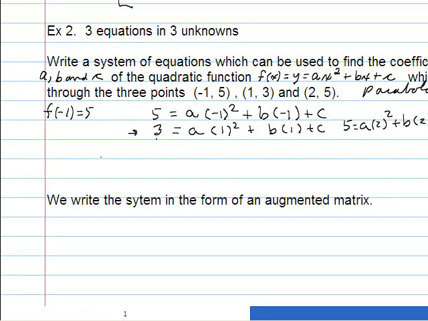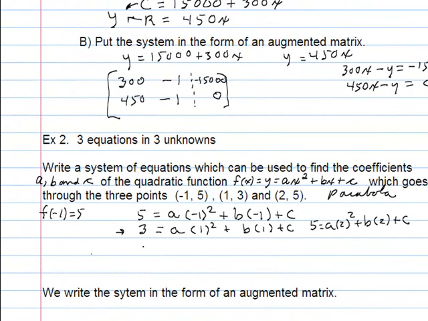Okay, we're back. Here are my other 2 equations. 3 equals a times 1 squared plus b times 1 plus c, and 5 equals a times 2 squared plus b times 2 plus c. Now if I just go ahead and work out the arithmetic part, I get 5 equals a, because negative 1 squared is just 1, minus b, negative 1 times b is minus b, plus c.